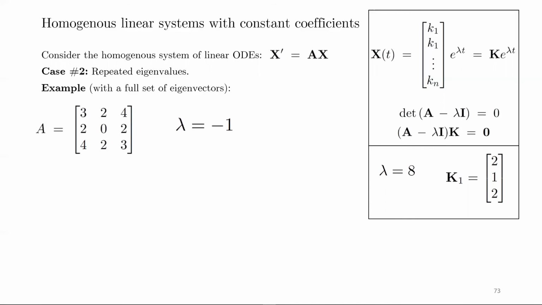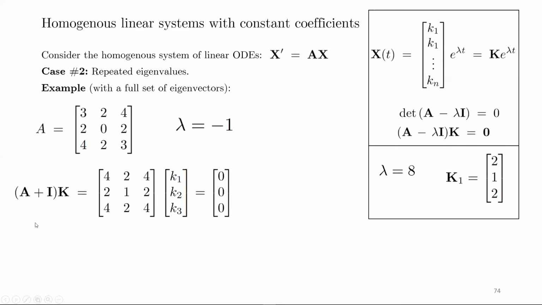It's a repeated eigenvalue, so we're going to hope here that we can find two linearly independent eigenvectors associated with this eigenvalue. So let's look at the equation A minus lambda I times k equals 0. So A plus I times k is, adding 1 onto the diagonal, 4, 2, 4, 2, 1, 2, 4, 2, 4.